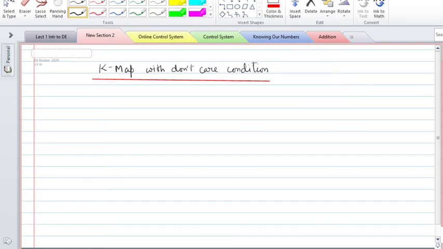Hello friends. Now let us have a discussion on a K-map with don't care condition.